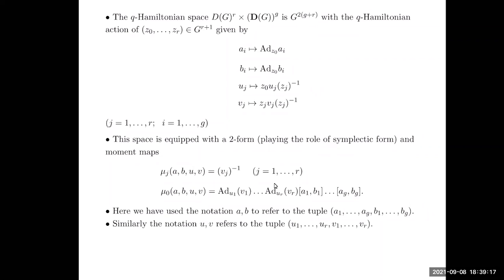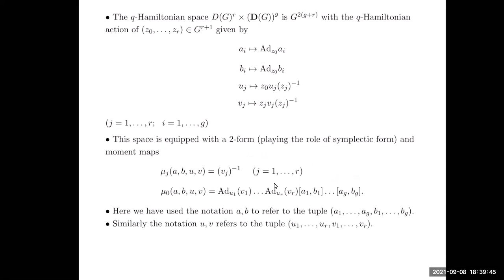So this quasi-Hamiltonian space is equipped with a 2-form and with moment maps, quasi-Hamiltonian moment maps, which are as follows. Just projection on some of the coordinates with their inverses, and in some cases you need the adjoint action.